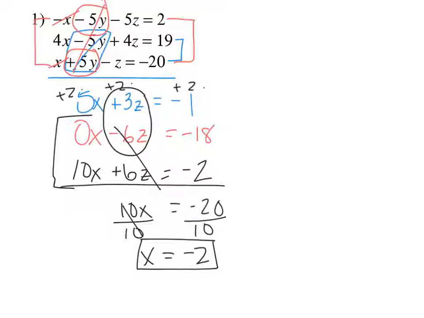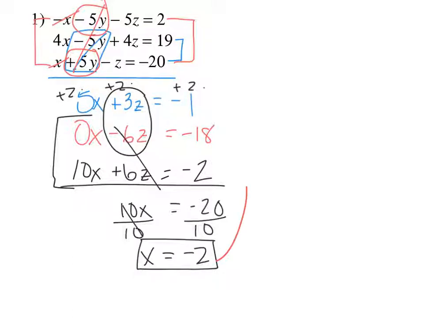Now, once we get it down to 1, we have to work our way backwards. We start by putting our newfound value of x, negative 2, back into the 2 by 2. And then once you have two answers, you put them both in the 3 by 3 to get the third answer. So let's work our way backwards. The only place that I can put this x into is the first one.